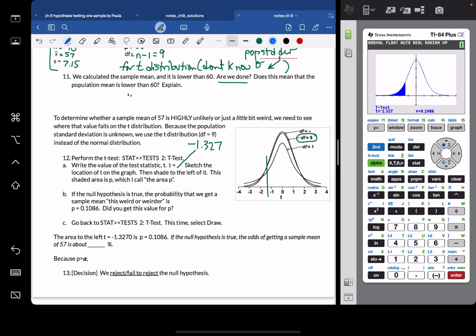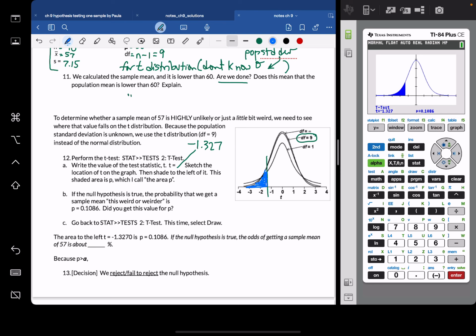So I'll try to shade, I mean, this screen on the calculator does a better job, but I'll give it a shot. That's what I'm shading right there. Shade the area to the left of it, so that is my area P.